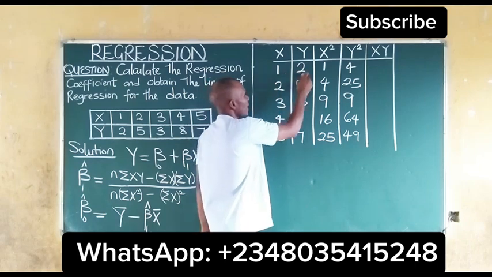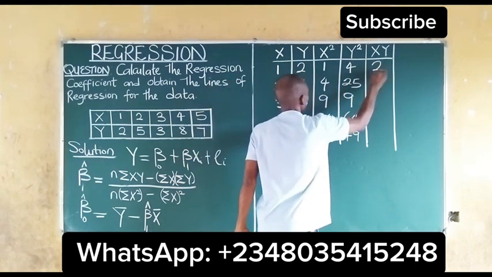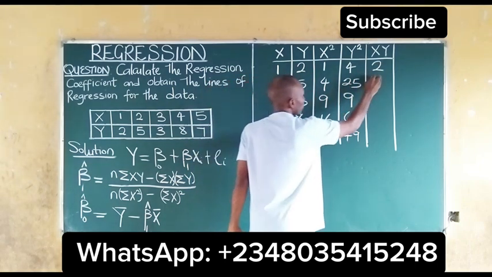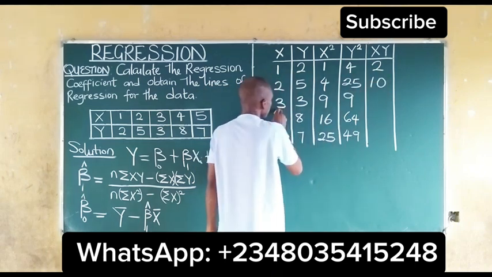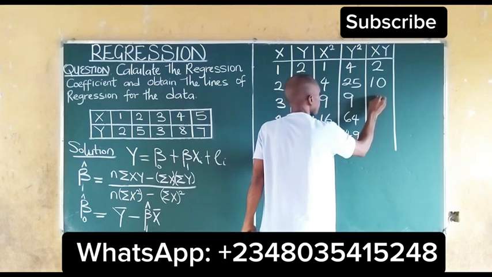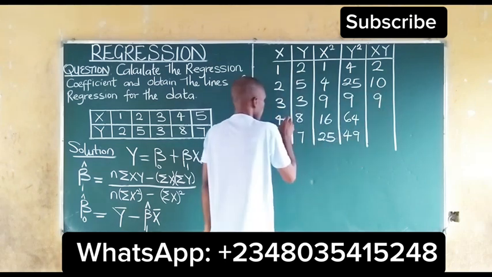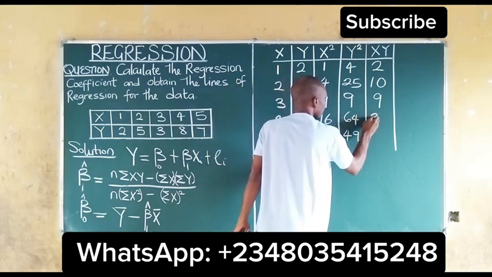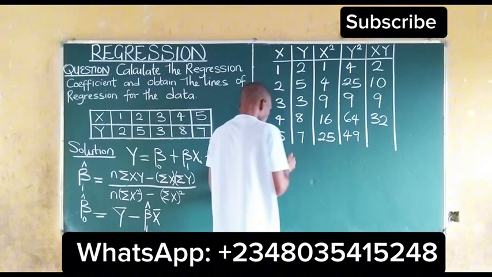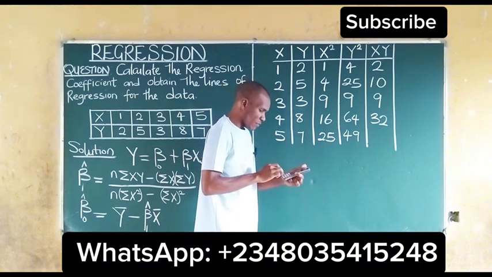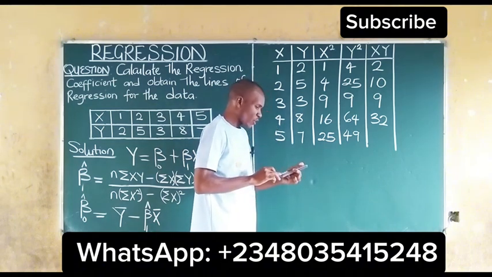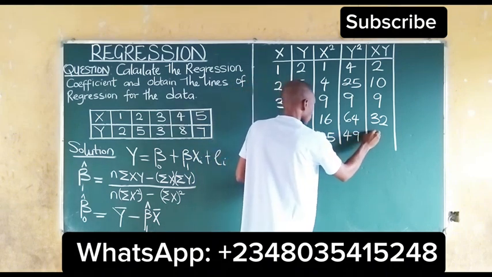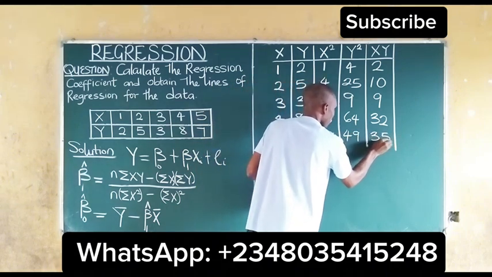So we have 1 multiplied by 2, which is 2. 2 multiplied by 5, which is 10. 3 multiplied by 3, which is 9. 4 multiplied by 8, which is 32. And of course, 5 multiplied by 7, which is 35. If you are not sure, you use your calculator.